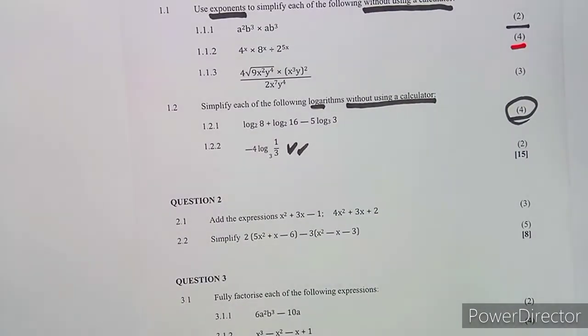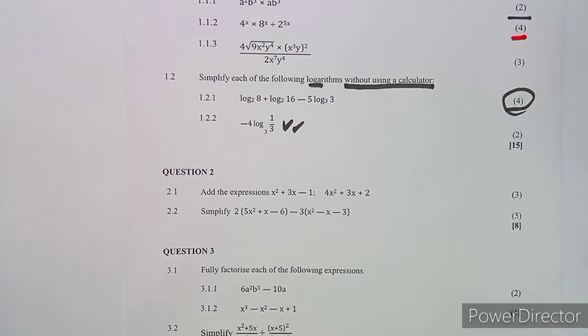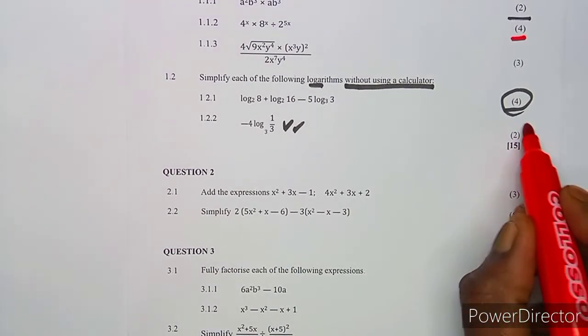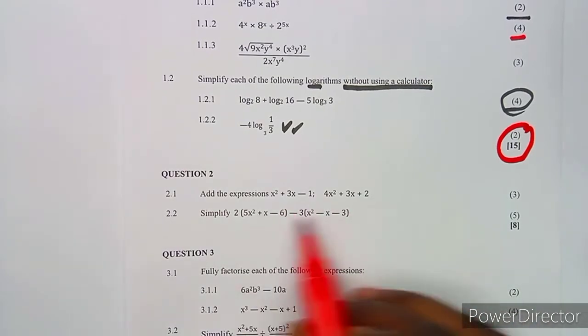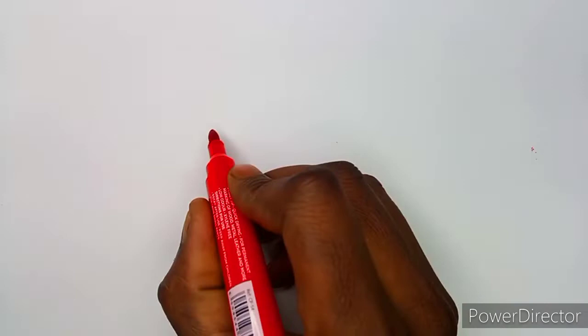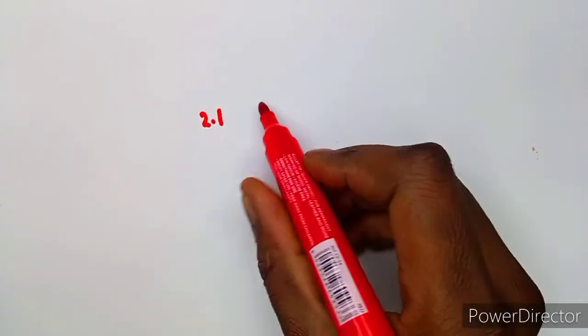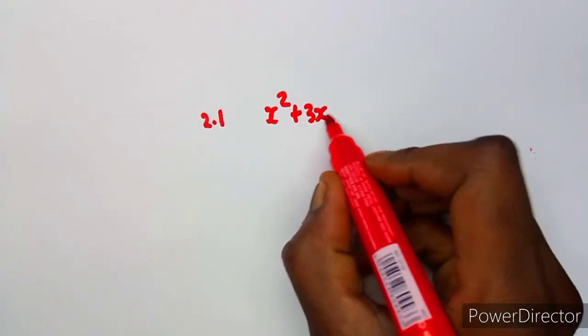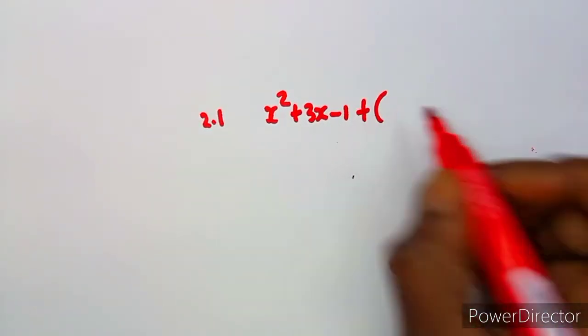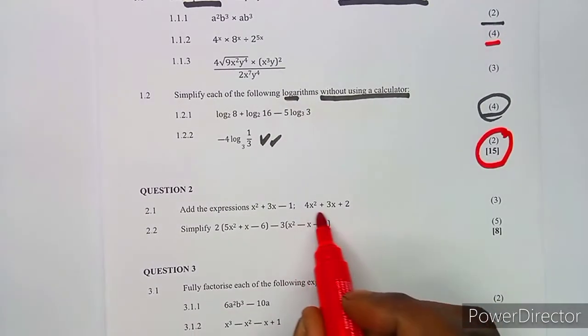All right, another question is question 2. As you can see, guys, we have collected 15 marks. Add the expressions. Okay, so this one is simply to add the two expressions. There's nothing to it, you just put the first one, x squared plus 3x minus 1. We add, what are we adding? This expression here.